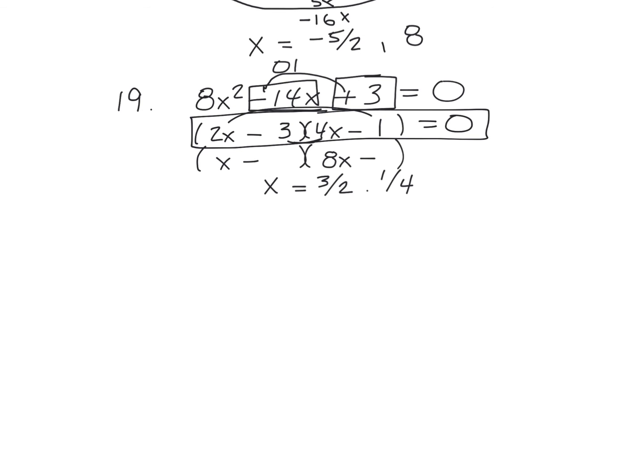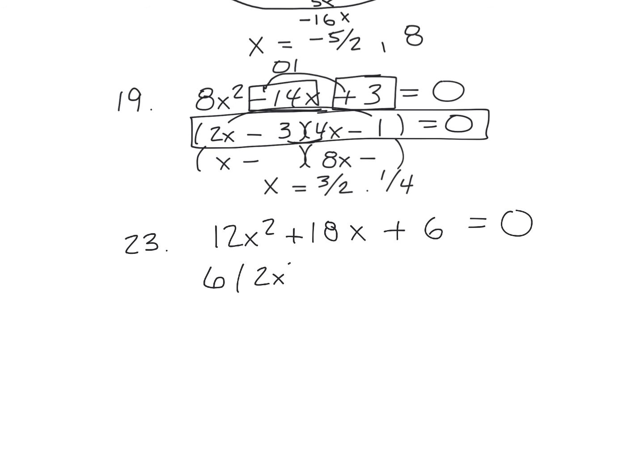I'm going to skip to number 23. It's 12x squared plus 18x plus 6. Reason for this is there is a greatest common factor for this one. I could take a 6 out. It'll leave me with 2x squared plus 3x plus 1.